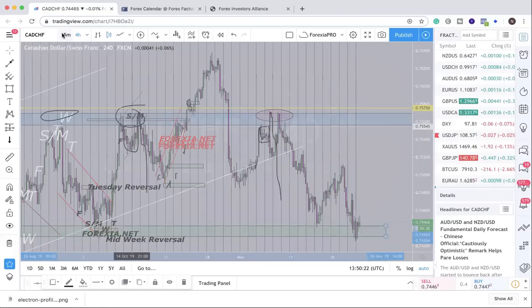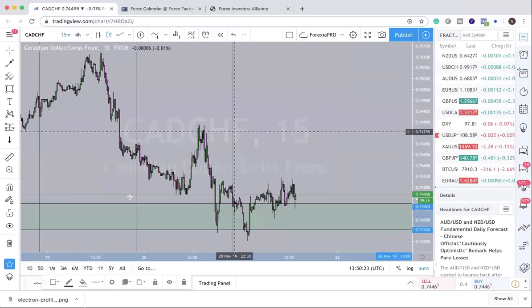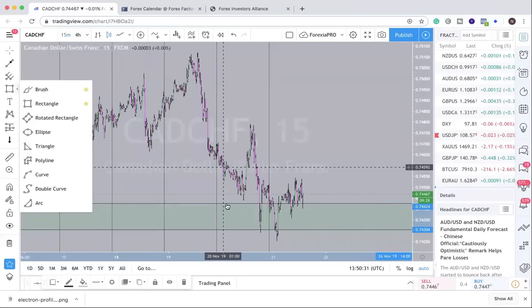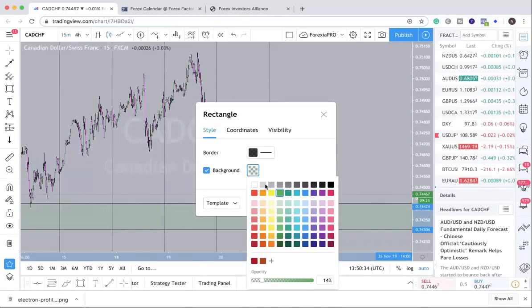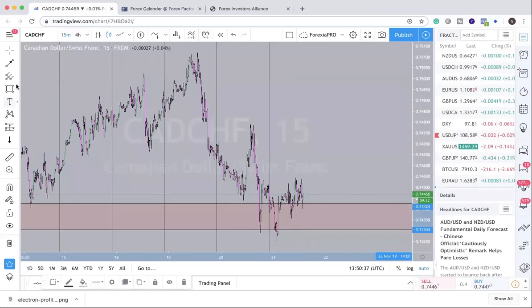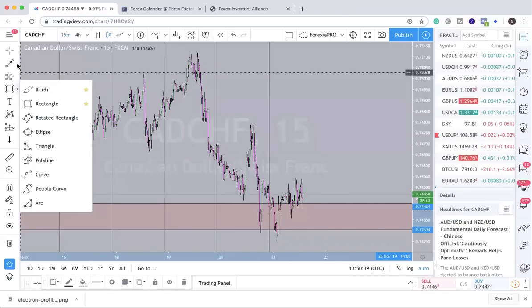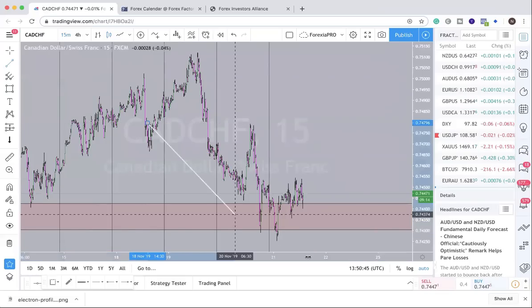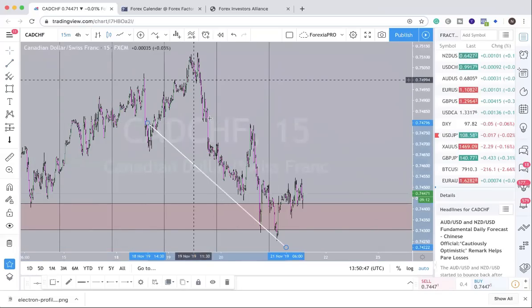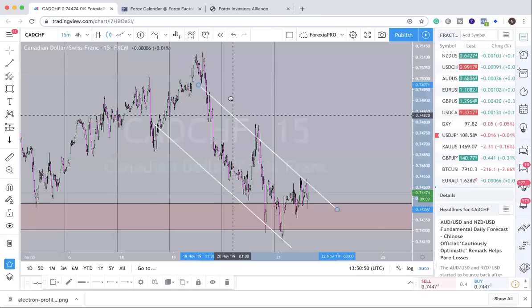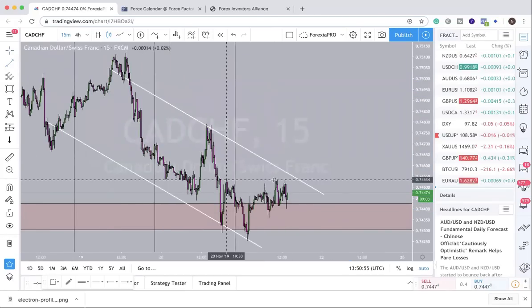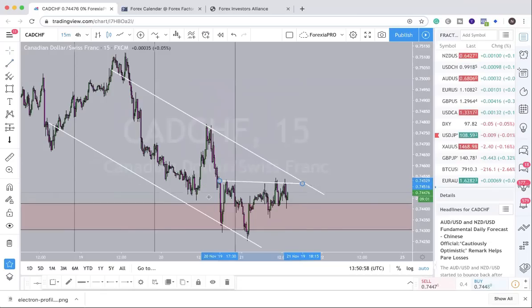I'd like to leave my back testing on my charts, but sometimes it gets a little bit messy. CAD CHF, possible reversal to the upside, in my opinion. This is what I would like to see on CAD CHF.